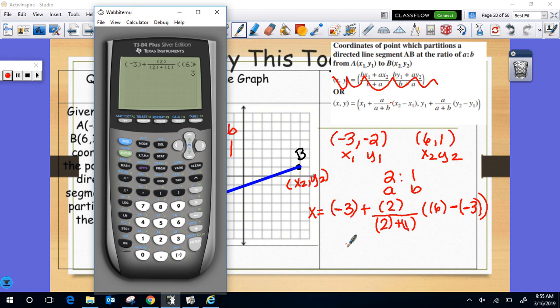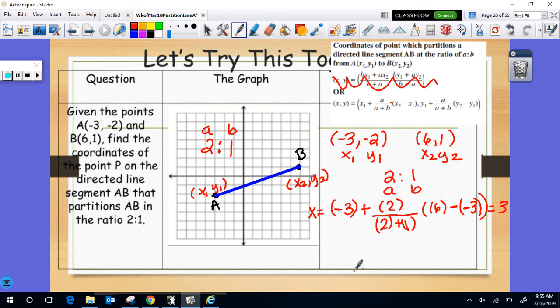So my x coordinate is equal to 3. So you do the math here, you get 3.